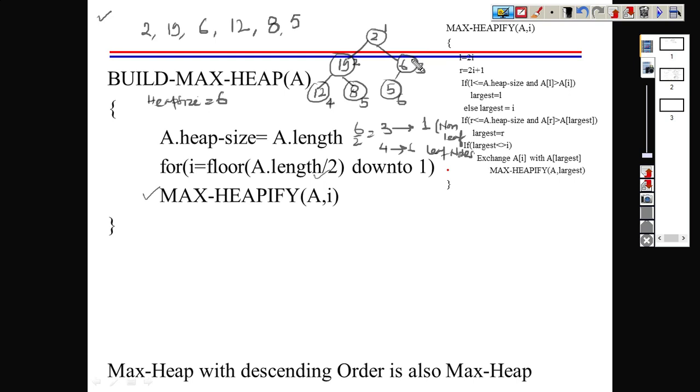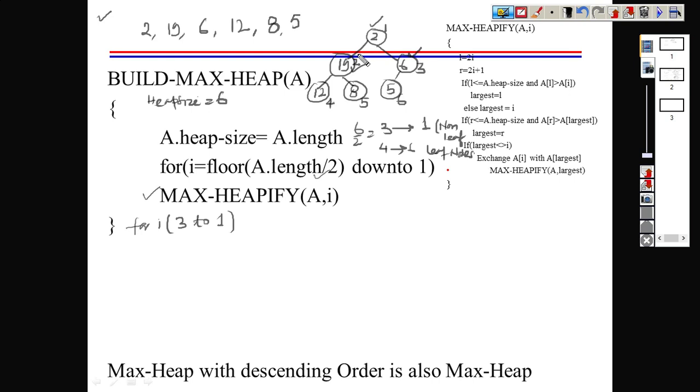So this is the last non-leaf, so we will apply Max-Heapify here. We will apply Max-Heapify here. We will apply Max-Heapify here. And when we come out of this for loop, means after applying Max-Heapify on all these 3 nodes, whatever sequence you get is actually the max heap. So we will see how things work. The very first thing, let's say I am making a loop here, for I equals to, it has to go from 3 to 1, means first it will work for 3, then for 2 and for 1.